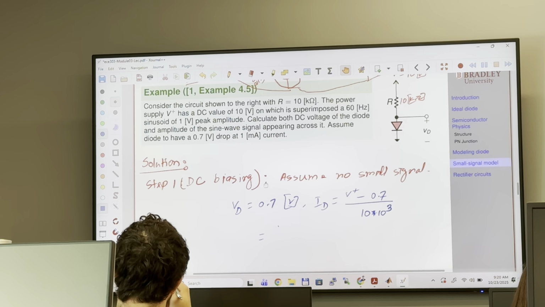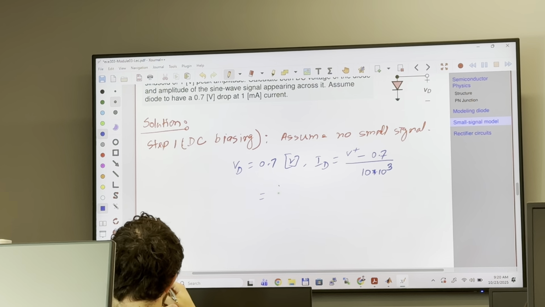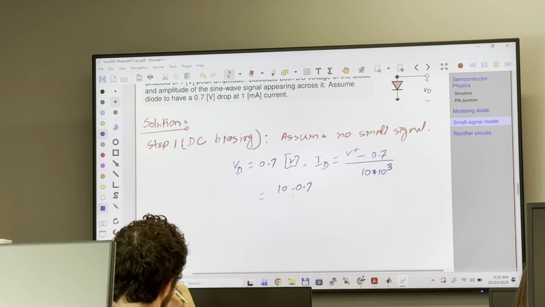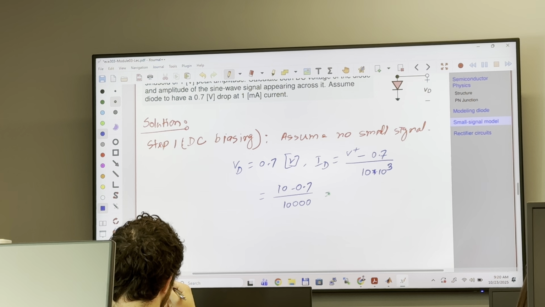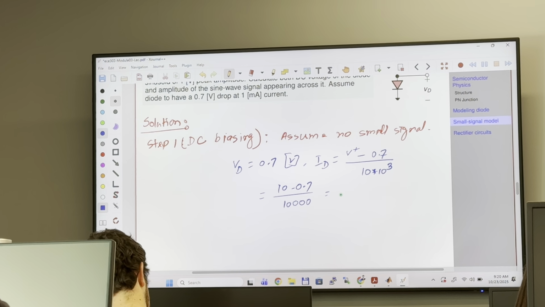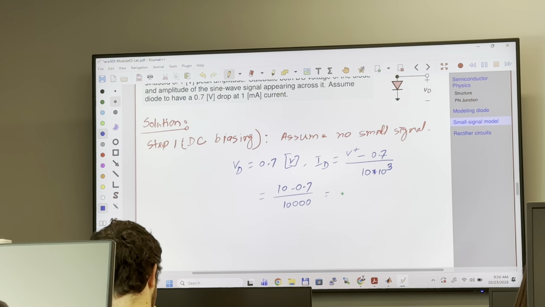V plus is 10 volt DC. So 10 minus 0.7 over 10,000. And how much is it, guys, in terms of milliampere? 0.